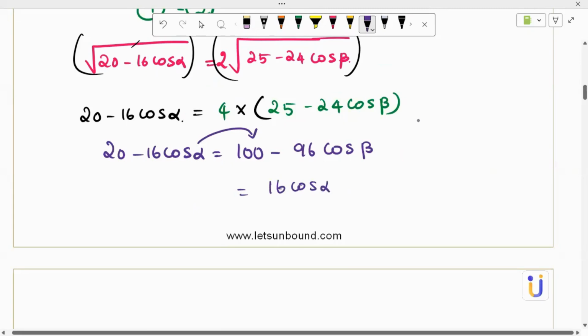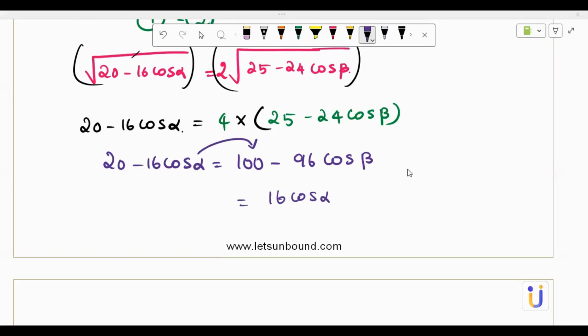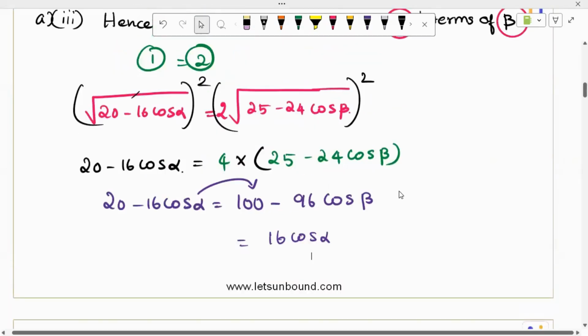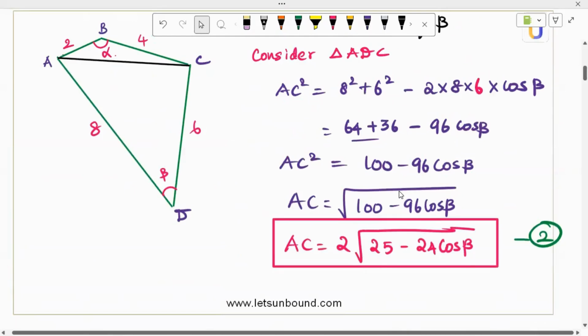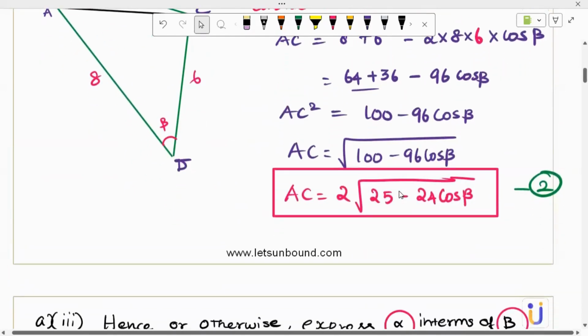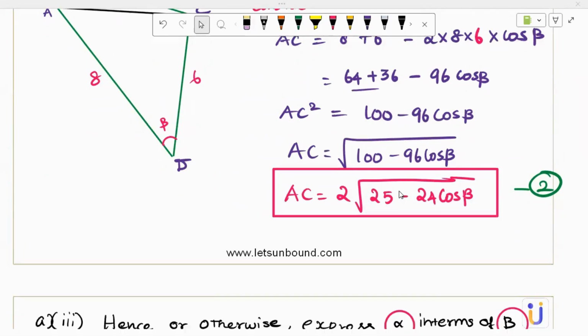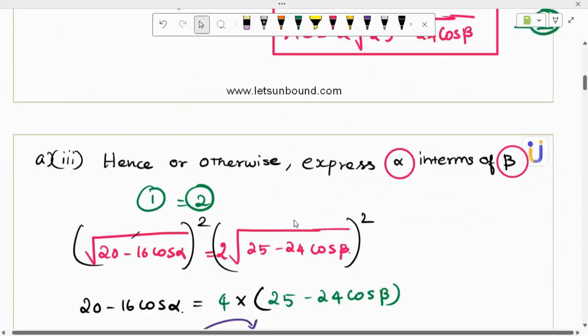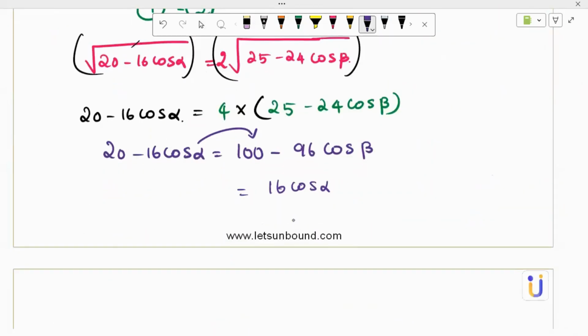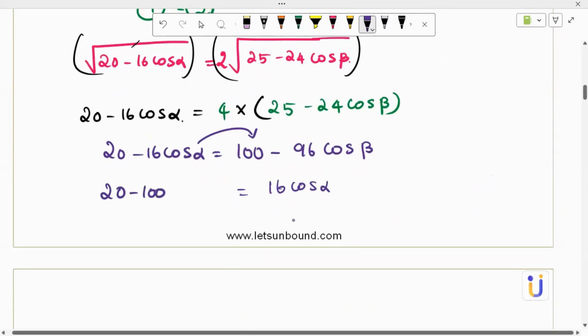So 20 minus 100 and then plus 96 cos beta.